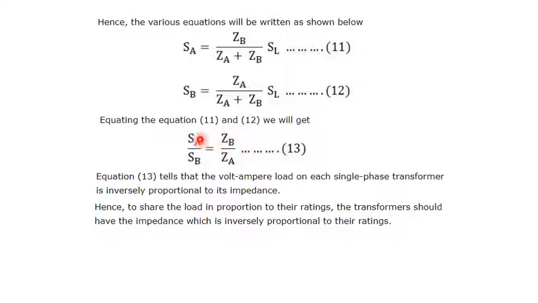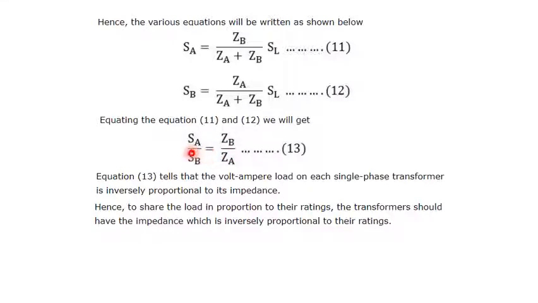If you consider transformer A, its volt ampere load is inversely proportional to its impedance, that is ZA.